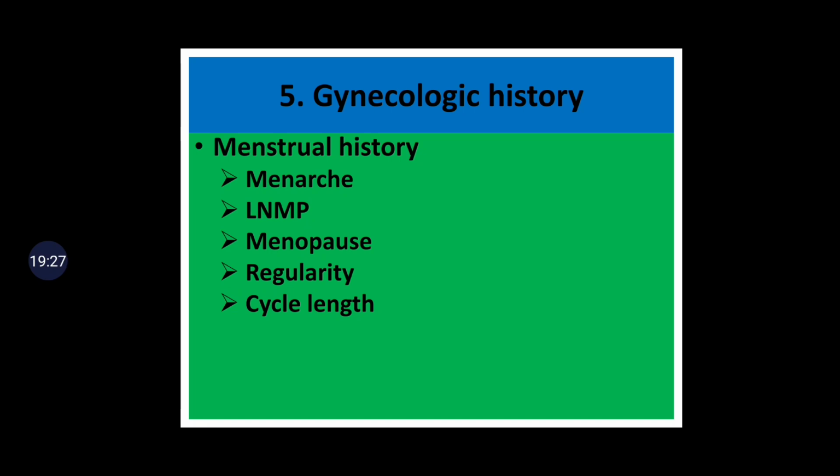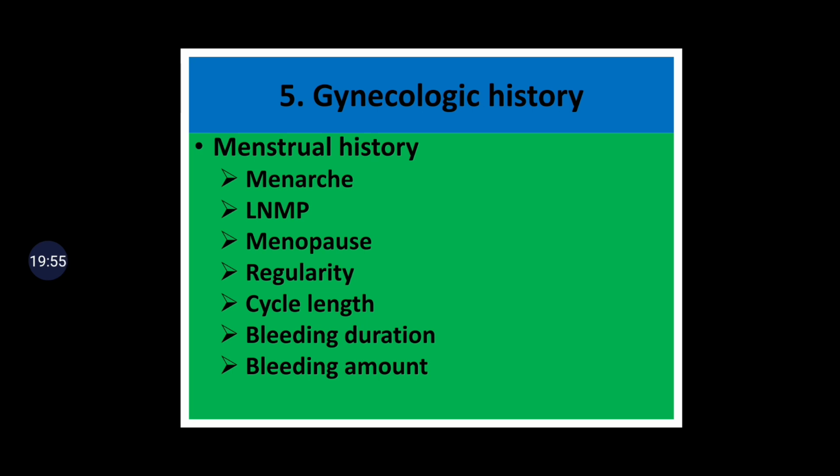If it is more than 35 days, it is infrequent and called oligomenorrhea. If it is less than 21 days, it is frequent and called polymenorrhea. Bleeding duration: the normal bleeding duration is 3 to 8 days, and if it is more than 8 days, it is excessive bleeding and called menorrhagia.